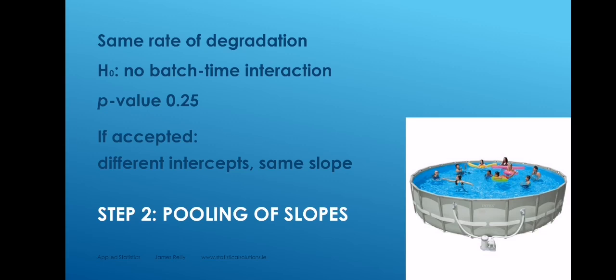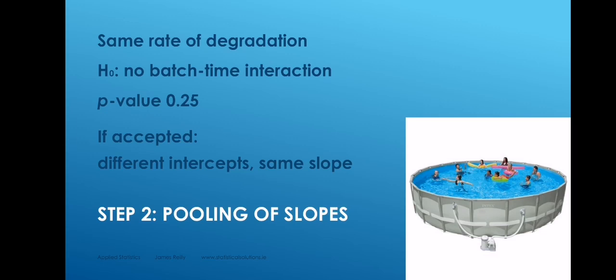The second step of pooling is a step which may or may not be appropriate to take. And this step of pooling involves making the assumption that the different batches have the same rate of degradation. So we're assuming that the percentage of active pharmaceutical ingredient decreases at the same rate in every batch.